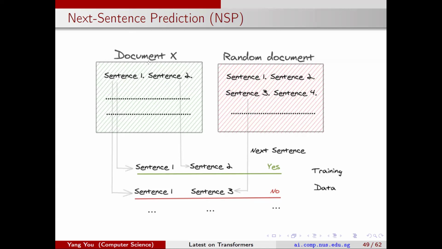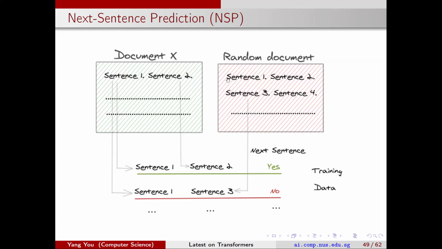Document X is our training data, like a paper or report or book. We can find two sentences from this book, sentence 1 and sentence 2. They are two consecutive sentences. That's a positive pair, a positive data point.